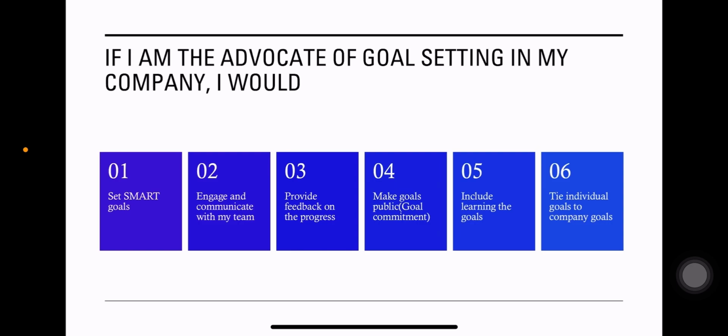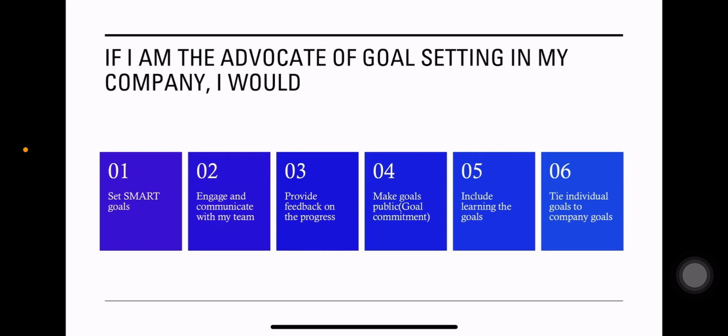And I'll also include learnings in the goals, because the ones who don't have the knowledge and skill set to achieve the goal would stay back, would get demotivated in achieving the goal, because they don't have that skill set and knowledge to achieve it.